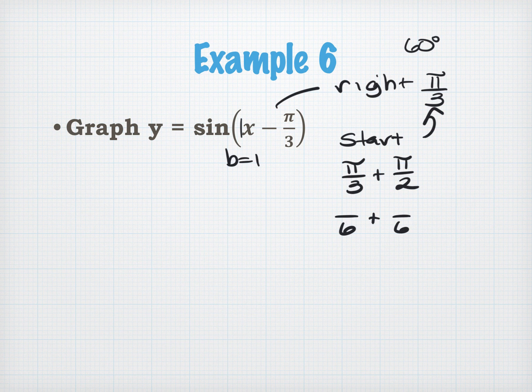So I'm going to change my fractions: I'm going to multiply 3 by 2, so this will become 2 pi over 6, and then the pi over 2 becomes 3 pi over 6. So from here to here, all I did was change it and give it a common denominator. So my first key point after the starting point is going to be 5 pi over 6.